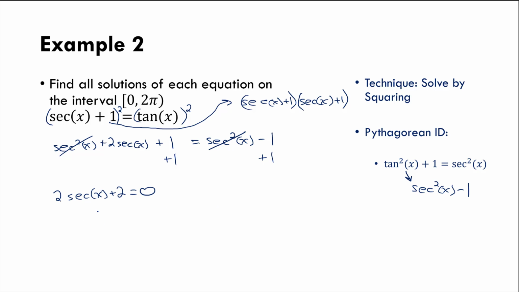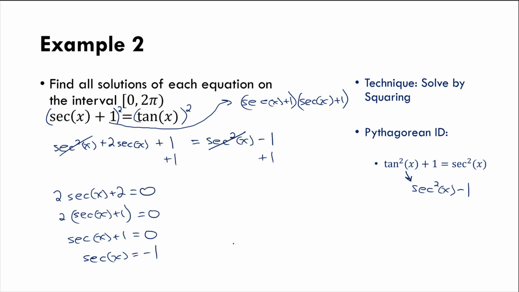I can factor out a 2, so 2 times secant x plus 1 is equal to 0. Now I can set secant of x plus 1 equal to 0, so secant of x is going to be equal to negative 1.